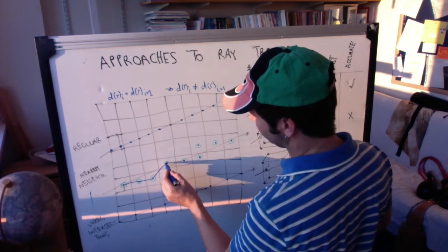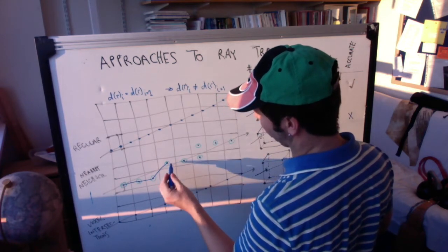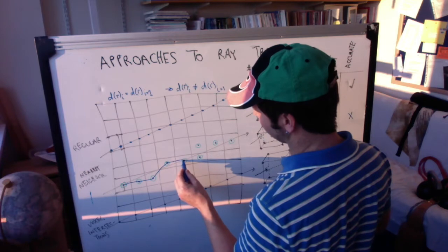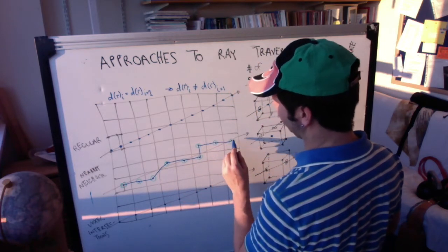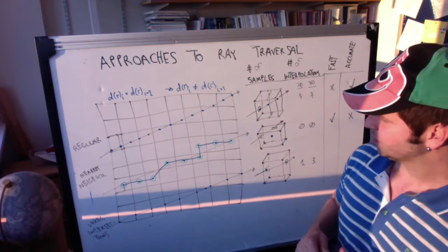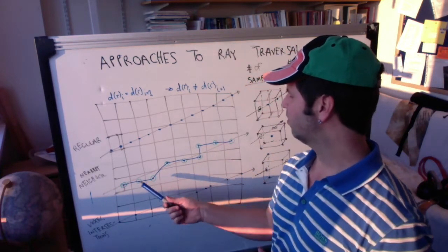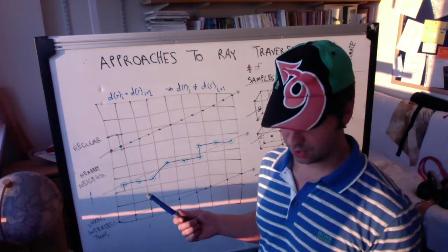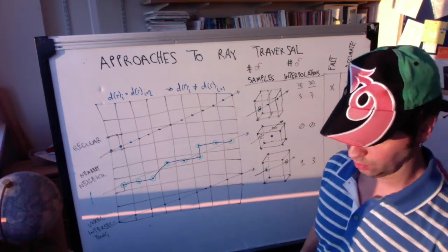So look, there's a big distance between these two data samples all of a sudden, and the distance between these ones. And look, we have a sort of jagged sampling of the volume as this ray passes through.